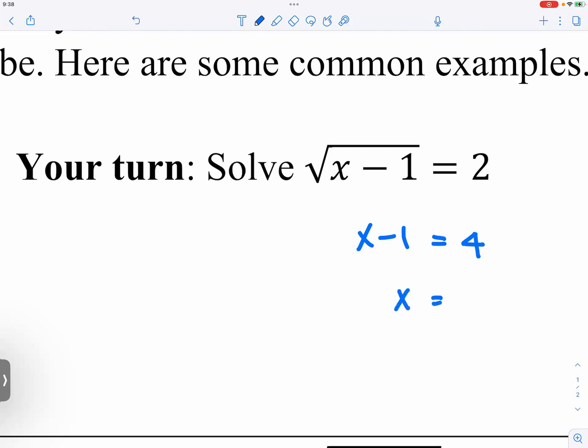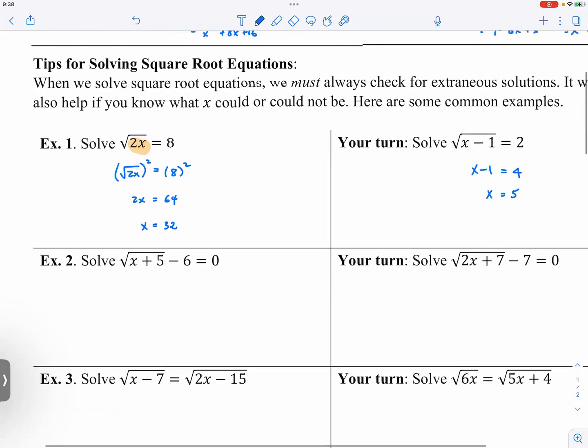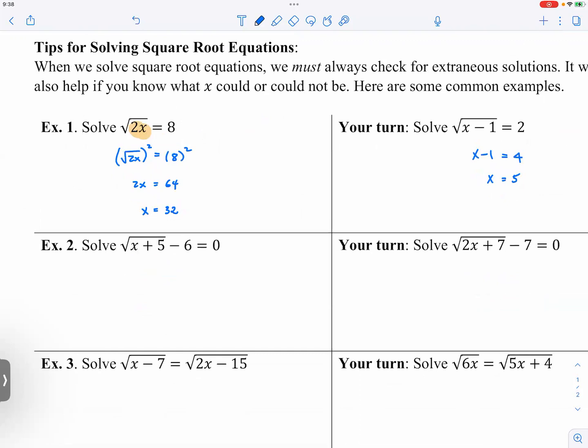That means this something must equal 5. So easy stuff. And just make sure that you always put it back and check to see if what you found for x is really truly a solution.